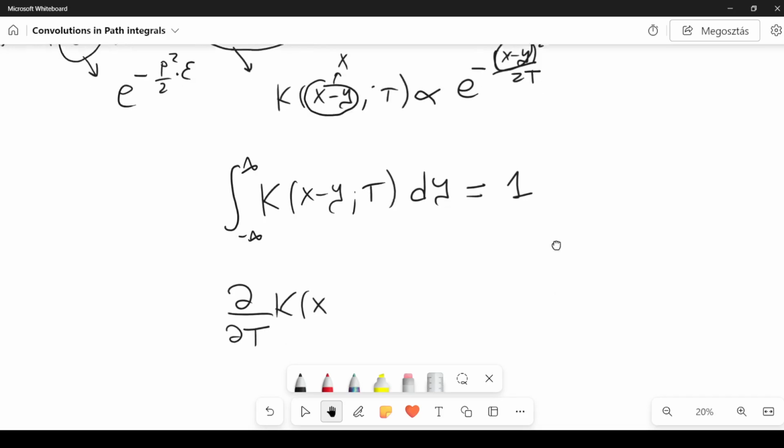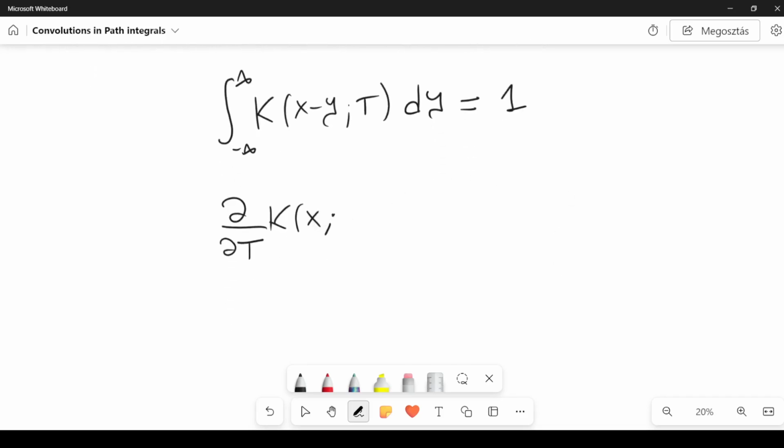If I do that, x, and then here we have t, this is equal to del squared. So in particular, here we only have one spatial variable, so we can write the partial derivative with respect to x twice. So it's a second derivative multiplied by 1/2, and then we have k of x, t.